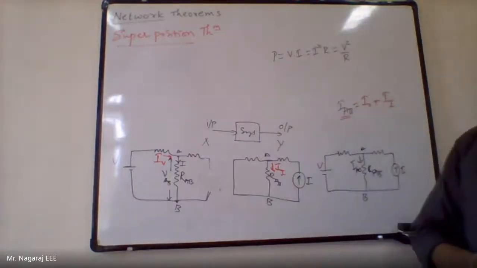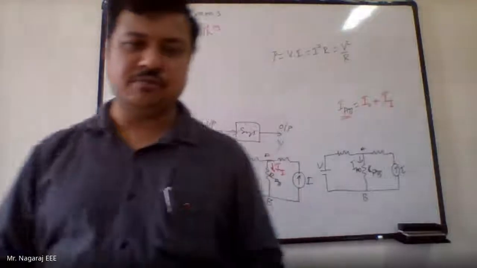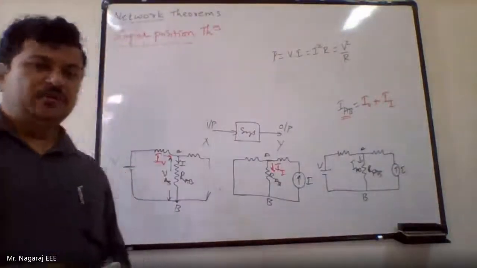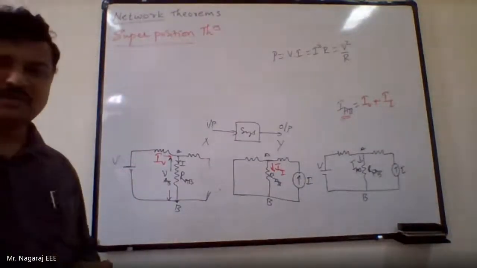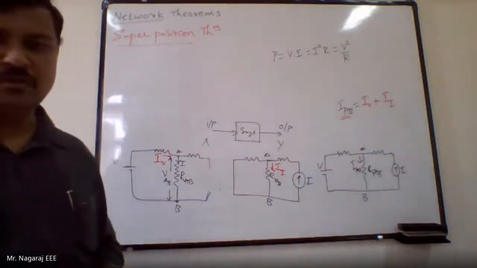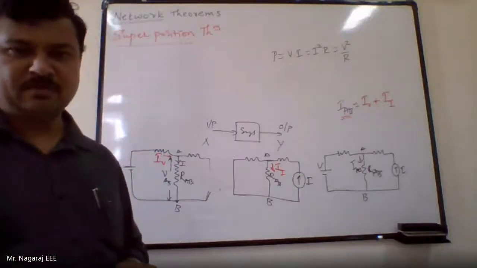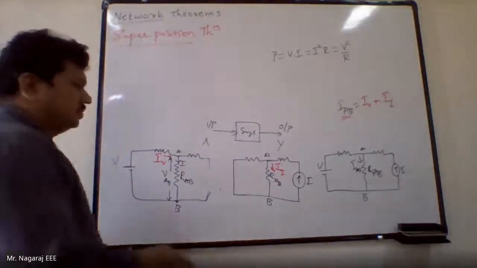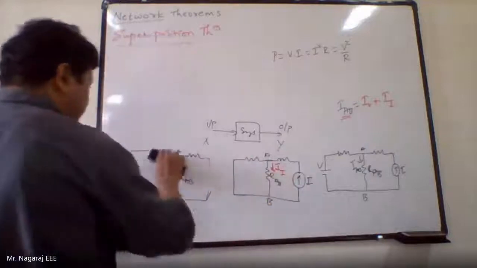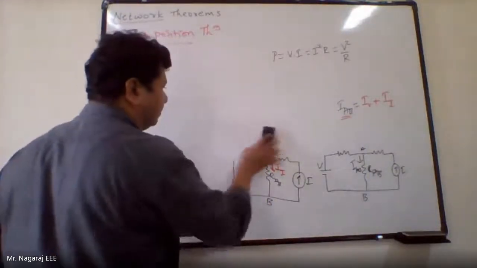So it may not be completely and directly true. Therefore, with the superposition theorem, I can find currents and voltages, but power can be found only once I know the current and voltage. So we'll look into an example and get a better insight into this superposition.